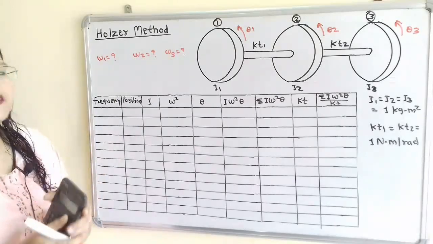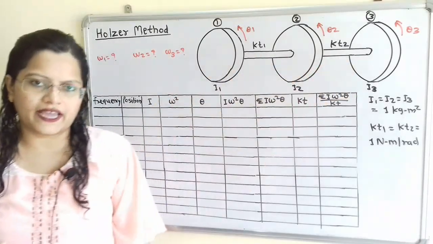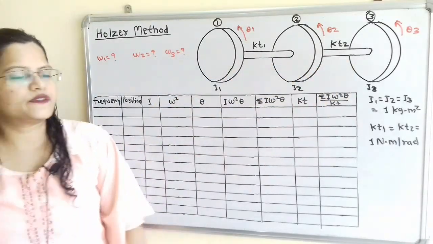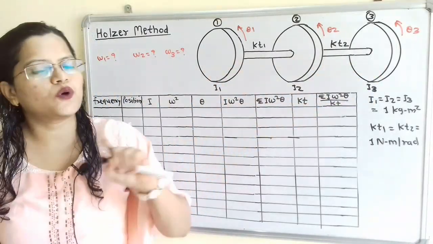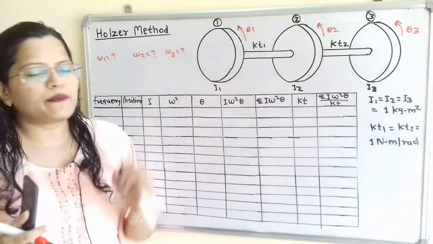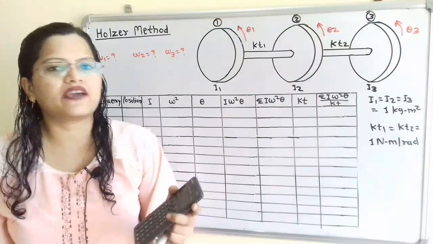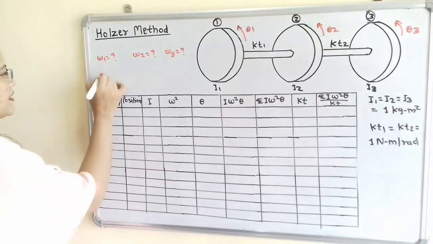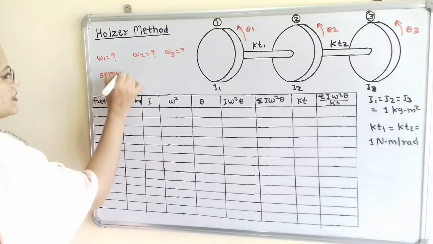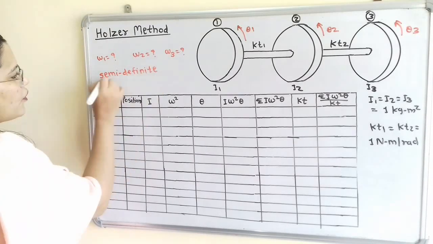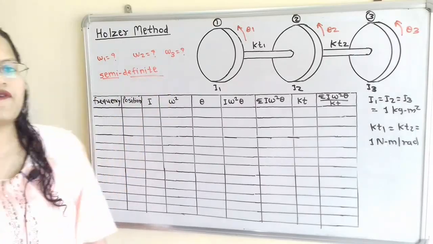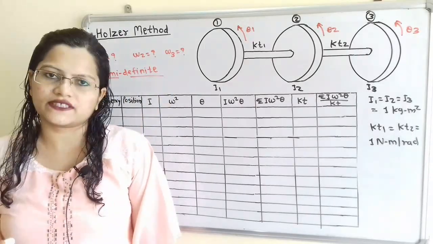Now we will understand the type of this given diagram. Now if we observe, at the end points there are rotors, there is no shaft. So this type of diagram is a semi-definite system. So I will write here the type is semi-definite system. Now for this semi-definite system, one frequency is always 0.